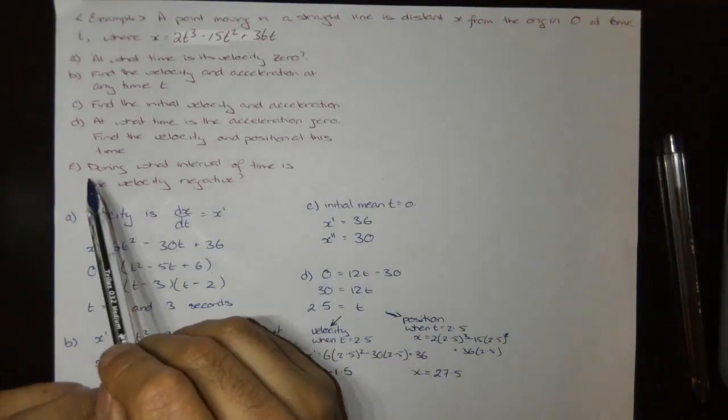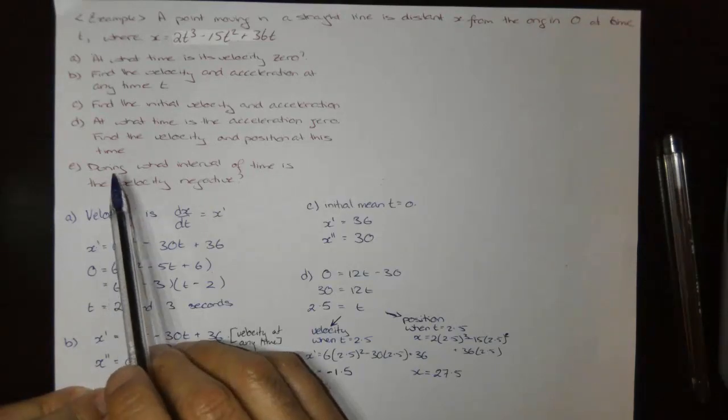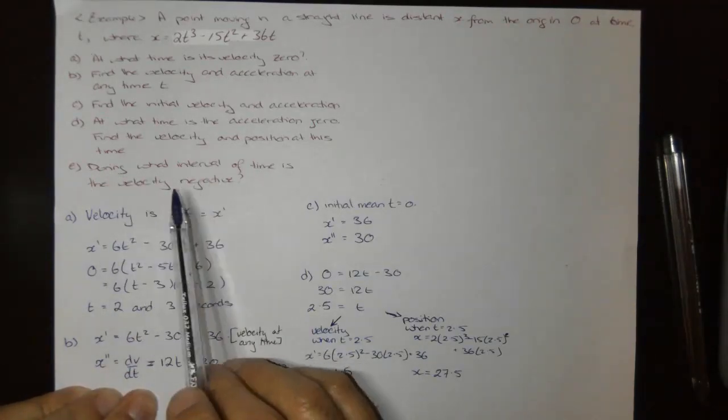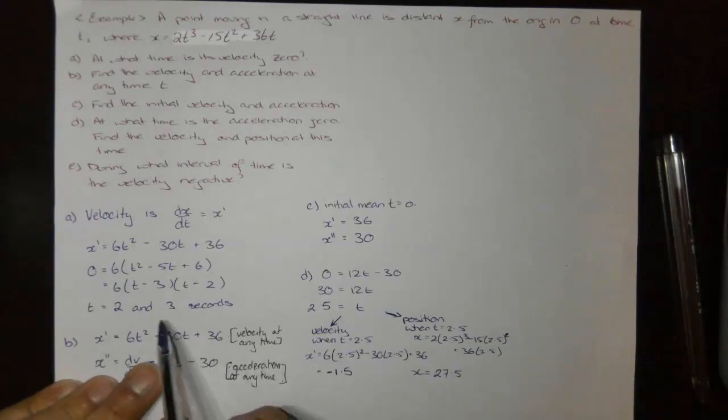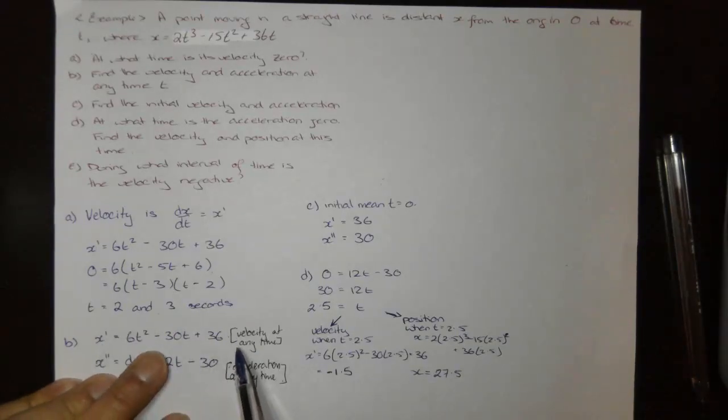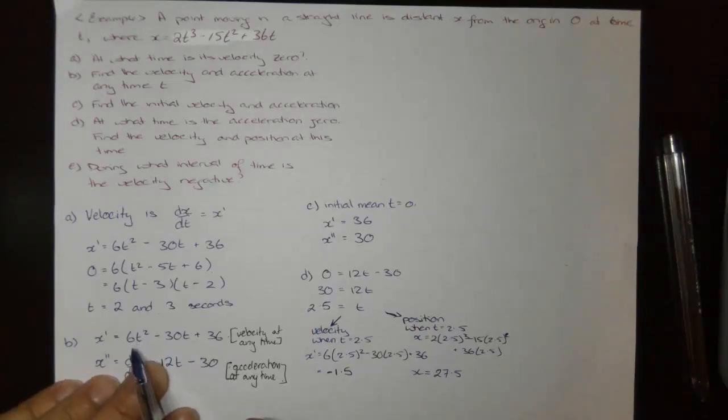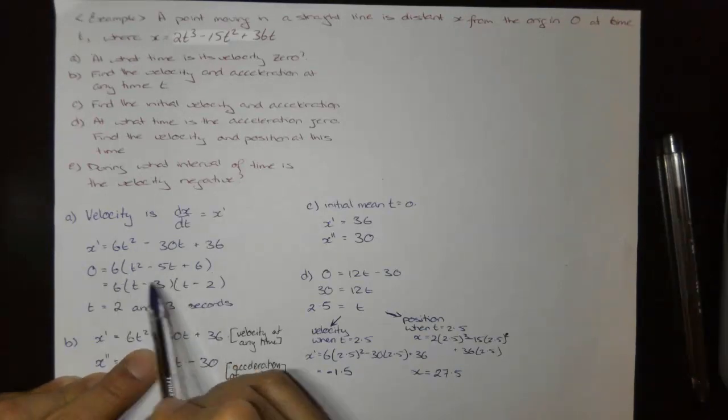So part E, we will now figure out during what interval of time the velocity is negative. Remember, this is the rule of the velocity. Looking at that rule, if I was to graph it, it is actually a polynomial, and we factored it out over here.